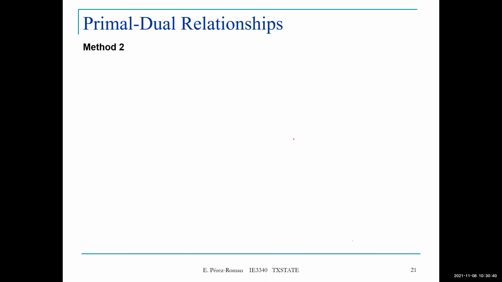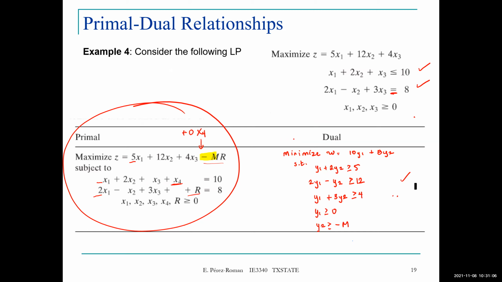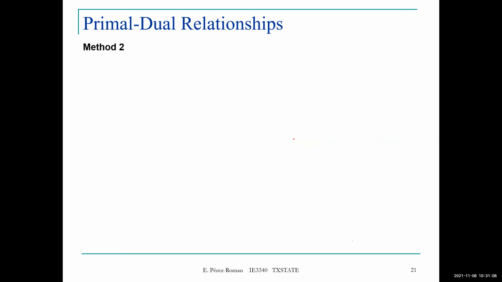Method number 2, we're now going to use this. We're going to get the same solution. You'll see that it's going to be the row vector of the original objective coefficients of the optimal primal basic variables times the optimal primal inverse. Remember that for this, the elements of the row vector must appear in the same order as the basic variables are listed in the basic column of the simplex tableau. So I'm going to show you what that means now.